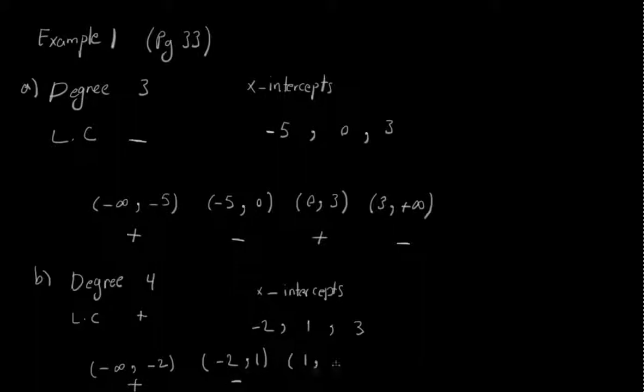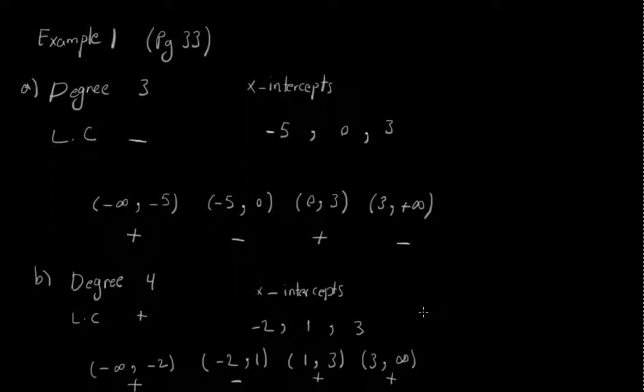From 1 to 3, again positive. From 3 to infinity, also positive, because we bounced back and continued on the same side of the x-axis, and the order here was 2.